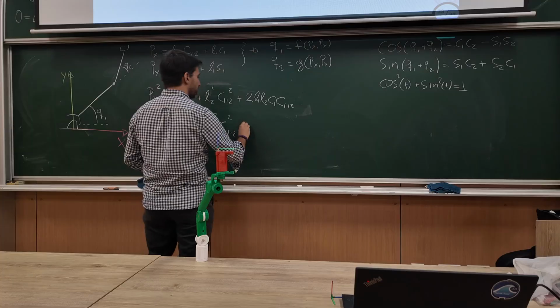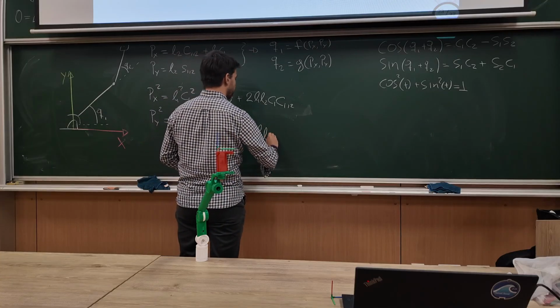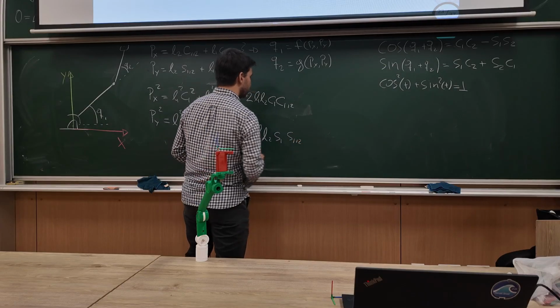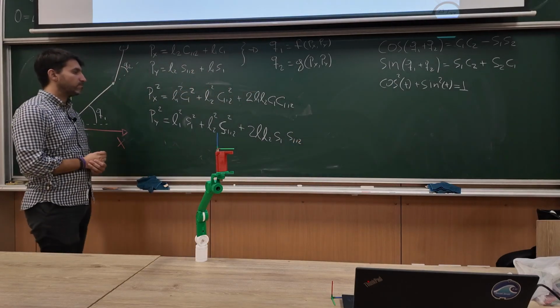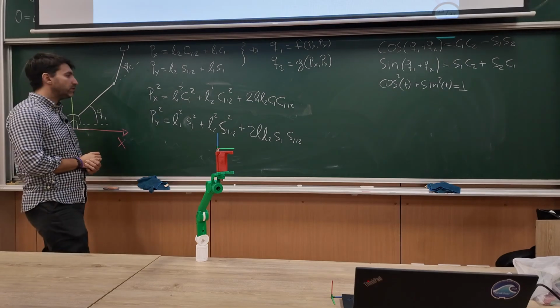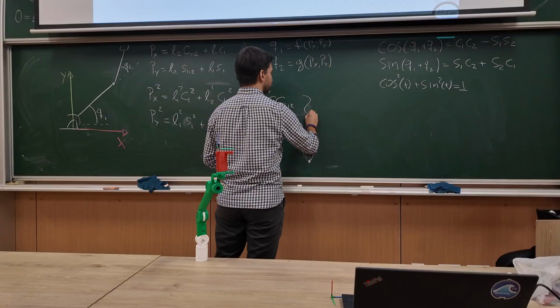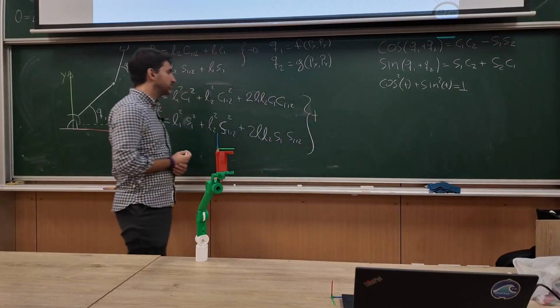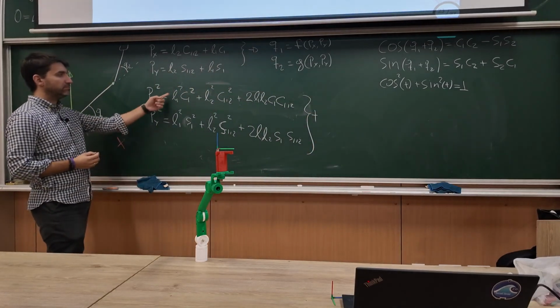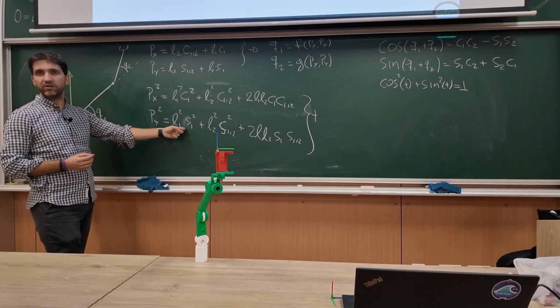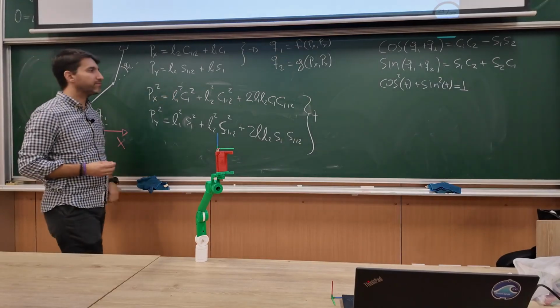S12 squared plus 2 L1 L2 S1 S12. What do I get if I add these two? We will have cos squared, we will have L1 squared plus L2 squared. So C1 squared plus S1 squared gives me 1. Great.